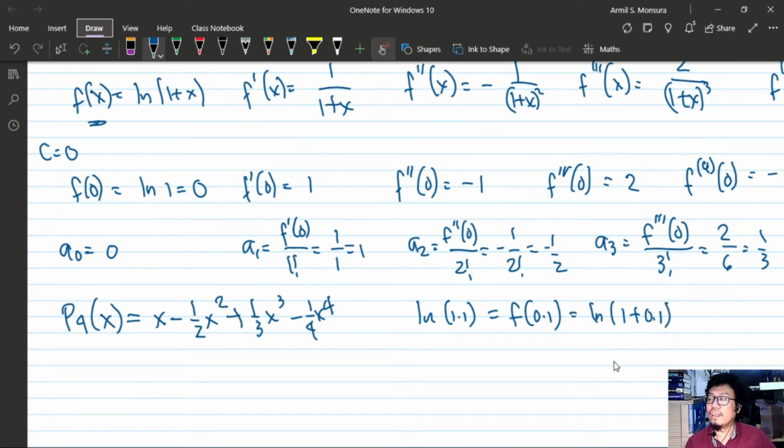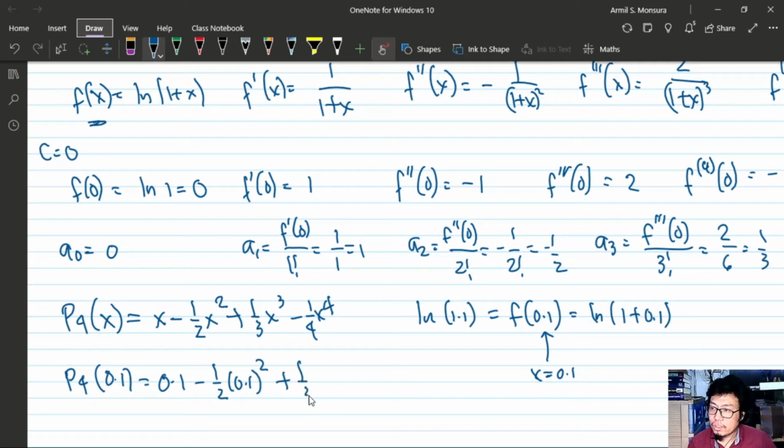If we want to approximate that using our Taylor Maclaurin polynomial, we would have 0.1 minus 1 half times 0.1 squared plus 1/3 times 0.1 cubed minus 1/4 times 0.1 raised to 4.